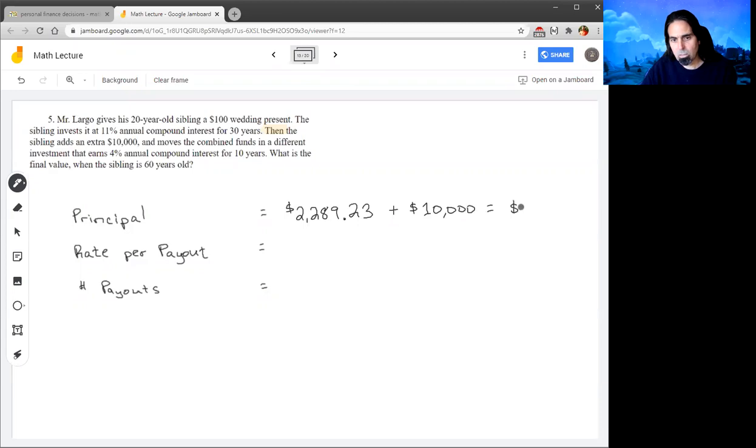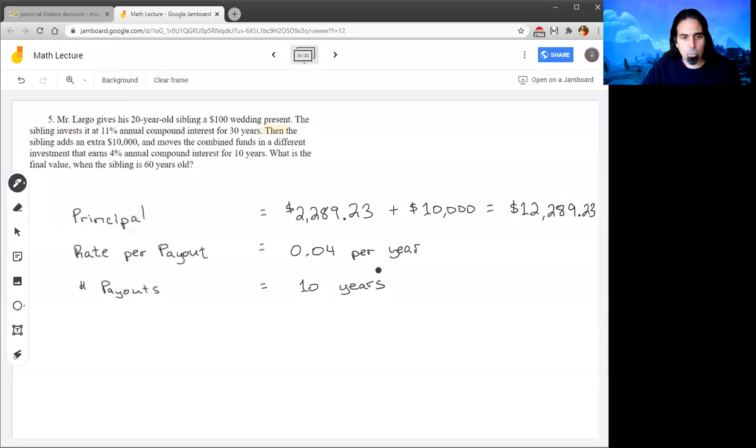So that's going to be $12,289.23. And they move all of that to a different investment that earns 4% per year, for 10 years.